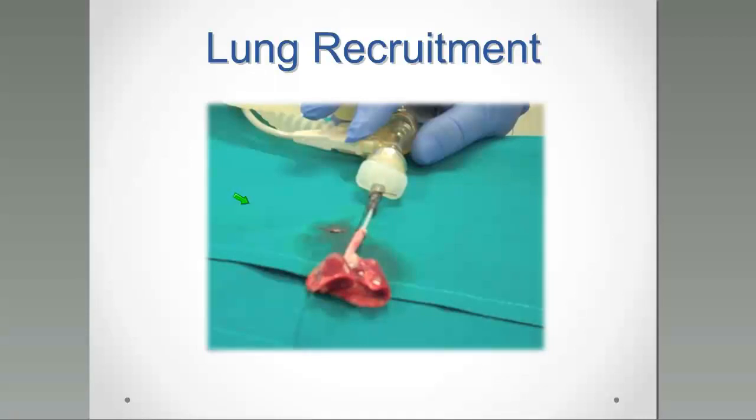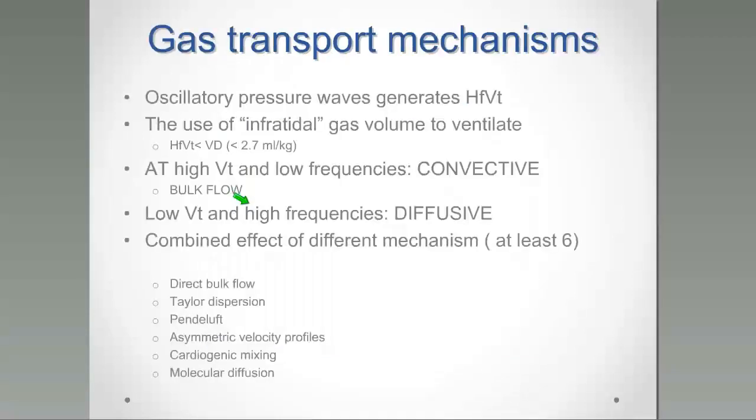So we can do this with or without high frequency ventilation, but there are some differences that we are going to talk about. Which are the main gas transport mechanisms in the lungs when you are using high frequency ventilation? Okay, this is sometimes very difficult to understand, and at least we have 6 different mechanisms that combined can induce these gas transport mechanisms.